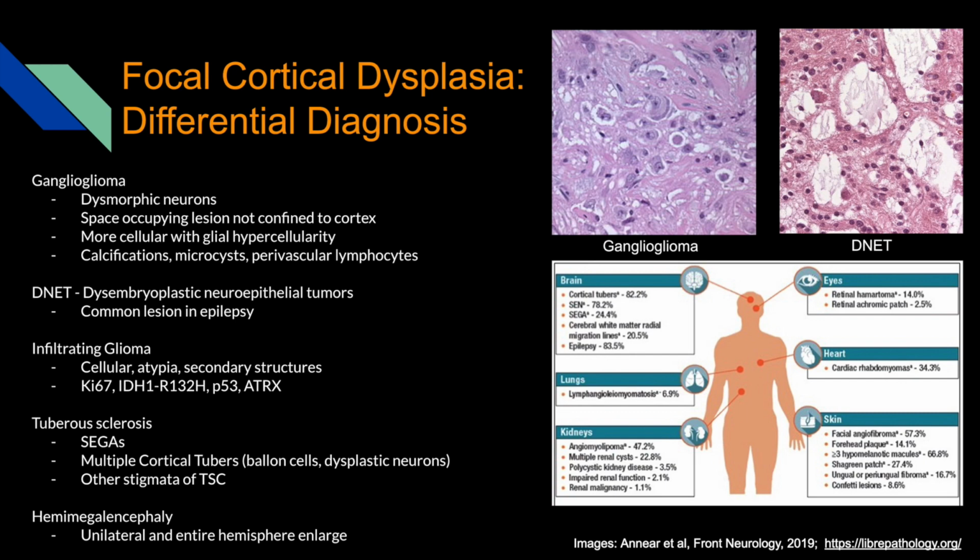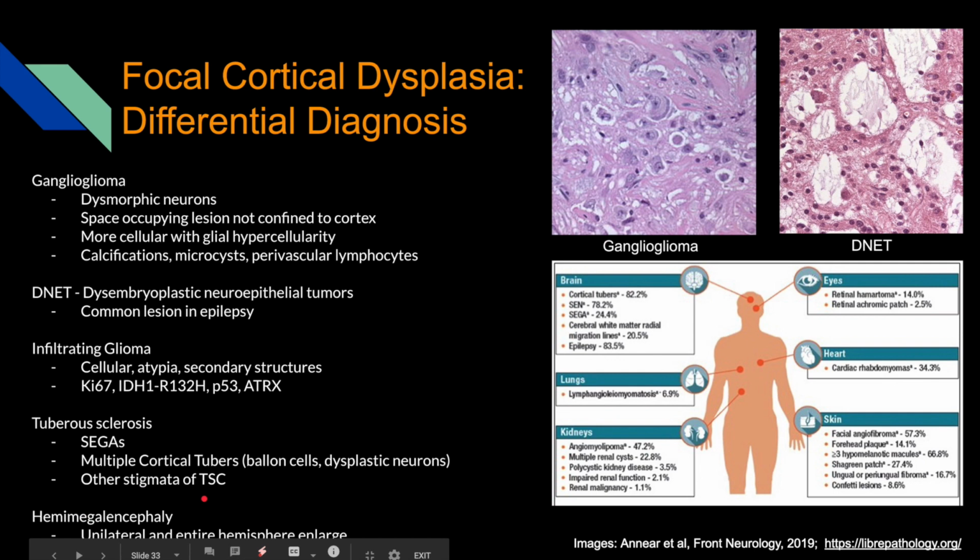These are, again, WHO grade 1 tumors. And these patients should also have a number of other stigmata of tuberous sclerosis complex in various organs. So if you have clinical history, you should be able to differentiate a cortical tuber from a focal cortical dysplasia.